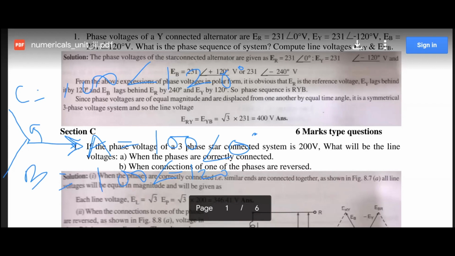Okay, so this might happen. Second case can be if this is B and this is C, or you can say if B and C are interchanged, then the phase sequence will be ACB. Okay, so this is our simplest case.